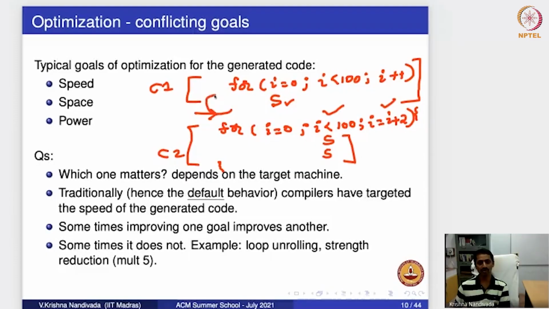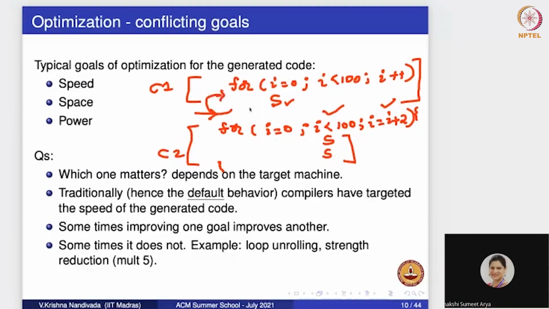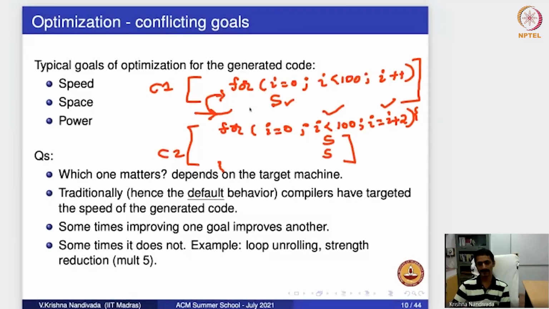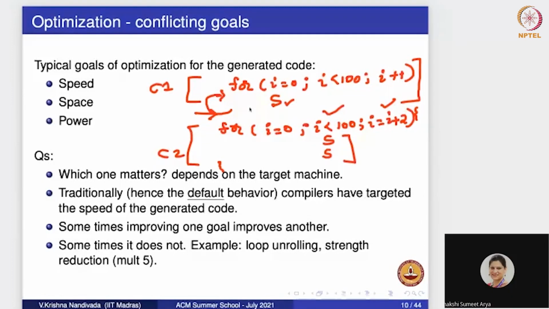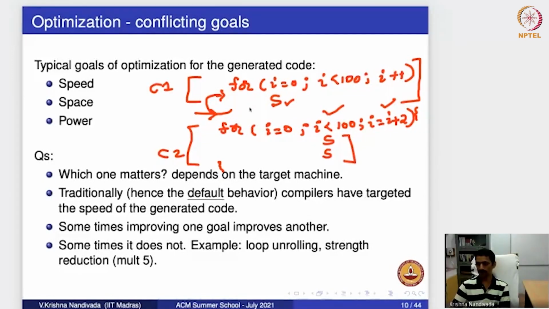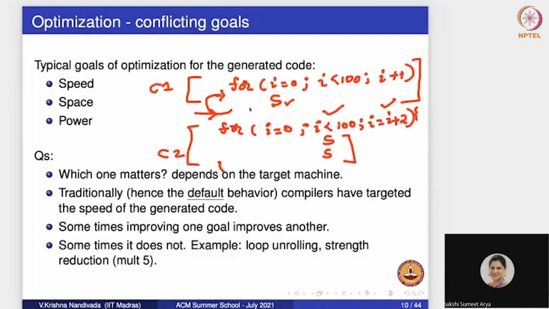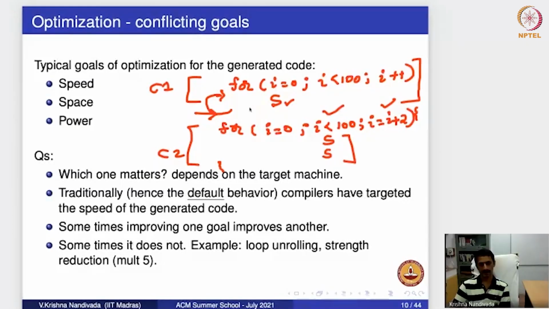I'm jumping fewer number of times. Correct? Meenakshi, you're saying something. The step size has caused the optimization here, so instead of +1, it's +2, which has caused the code to optimize. Correct. So which is better, C1 or C2?